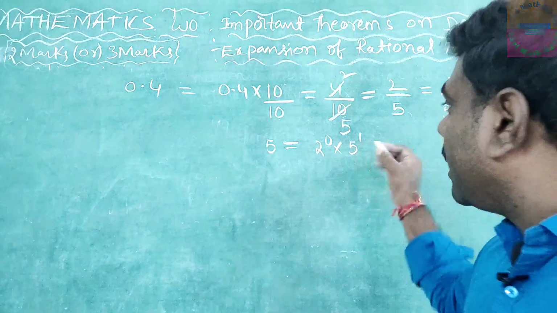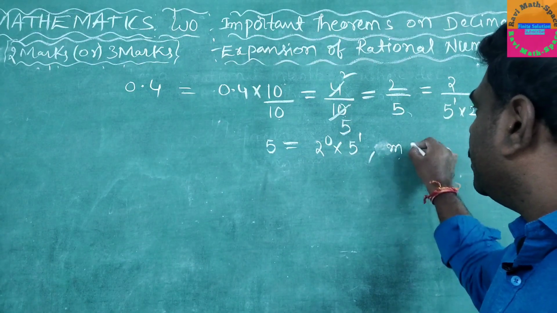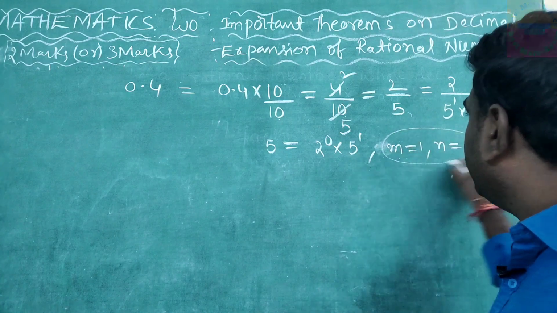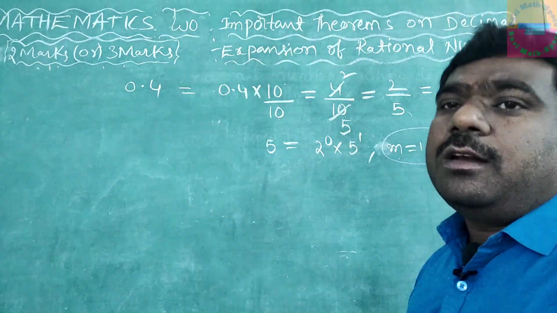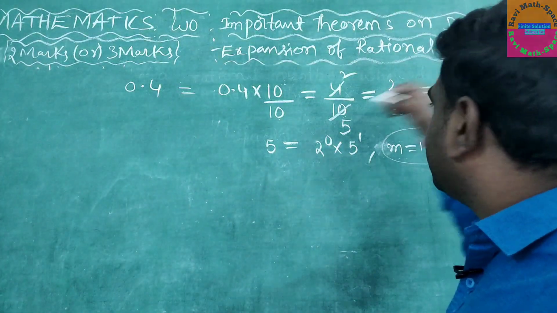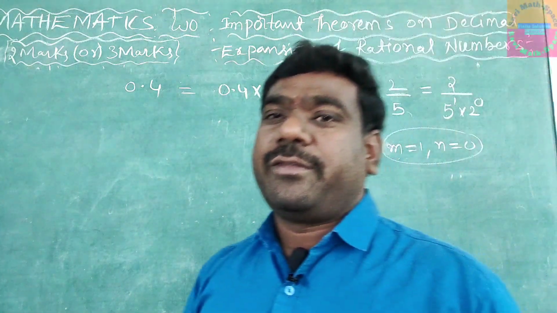What are the values of m and n here? m is equal to 1, n is equal to 0. These 1 and 0 are non-negative integers. Therefore, our answer is 2 by 5.